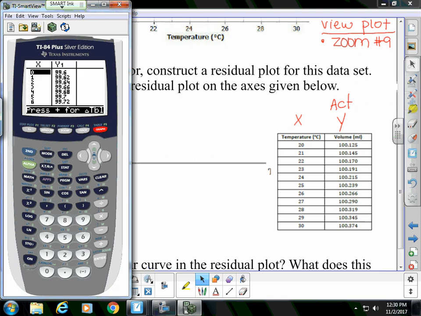I hit second and graph, and there's a table. And then I'm going to scroll down the table to 20. Okay, so there's 20, 21, 23. Whoops, I went a little too far. I want those other numbers, but I want to start with 20. Okay, so there's 20. So these are my predicted values.